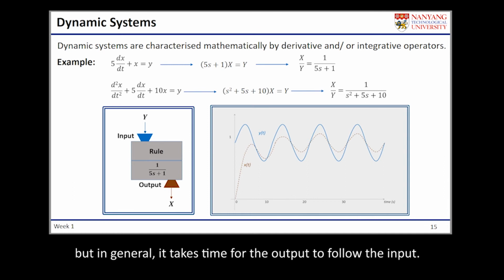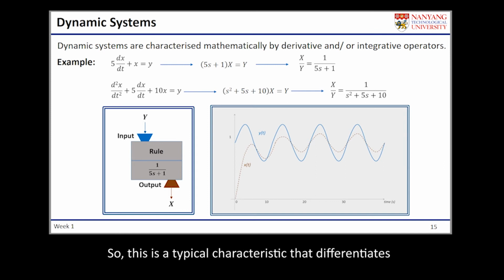But in general, it takes time for the output to follow the input. In other words, the output will vary in time. So this is a typical characteristic that differentiates a dynamic system from a static system.